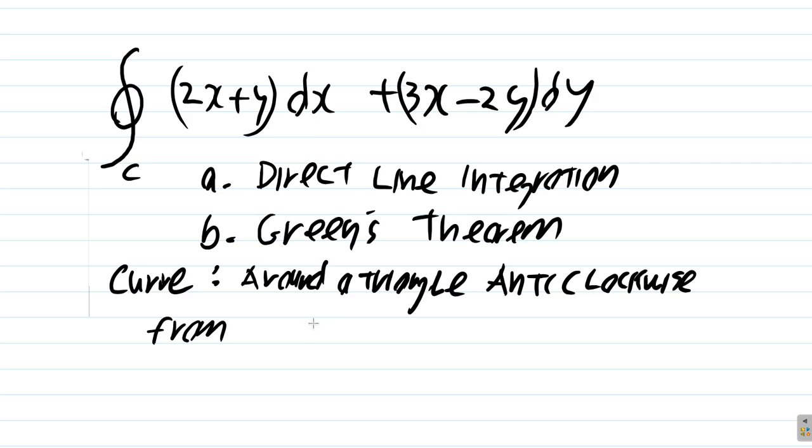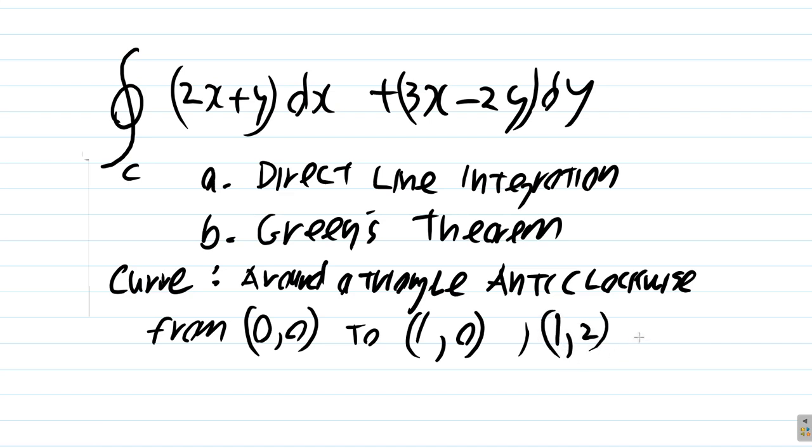Now the vertices are 0, 0, should be the origin, to 1, 0, and then to 1, 2, and of course back to 1, 0, right?